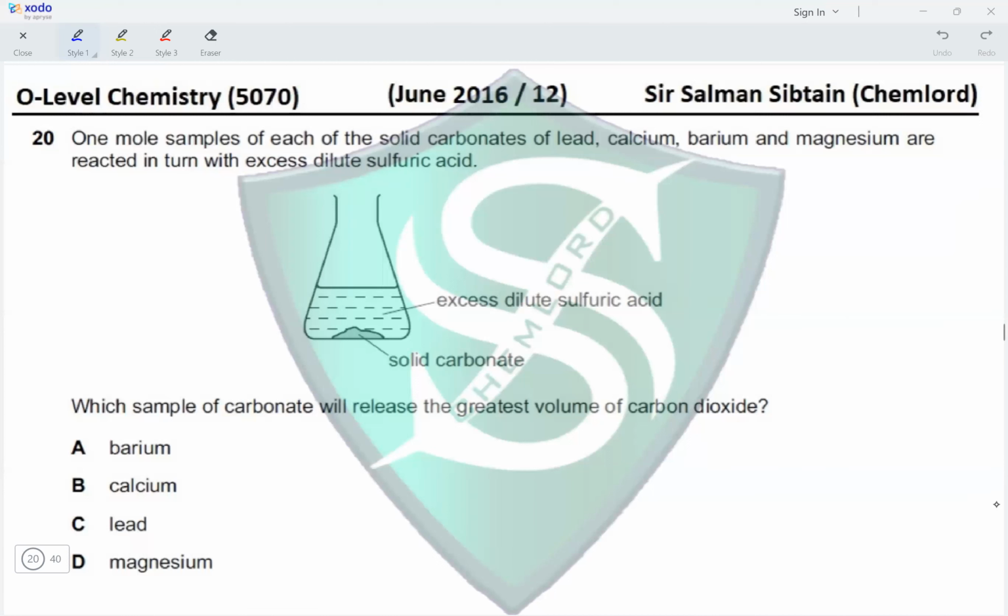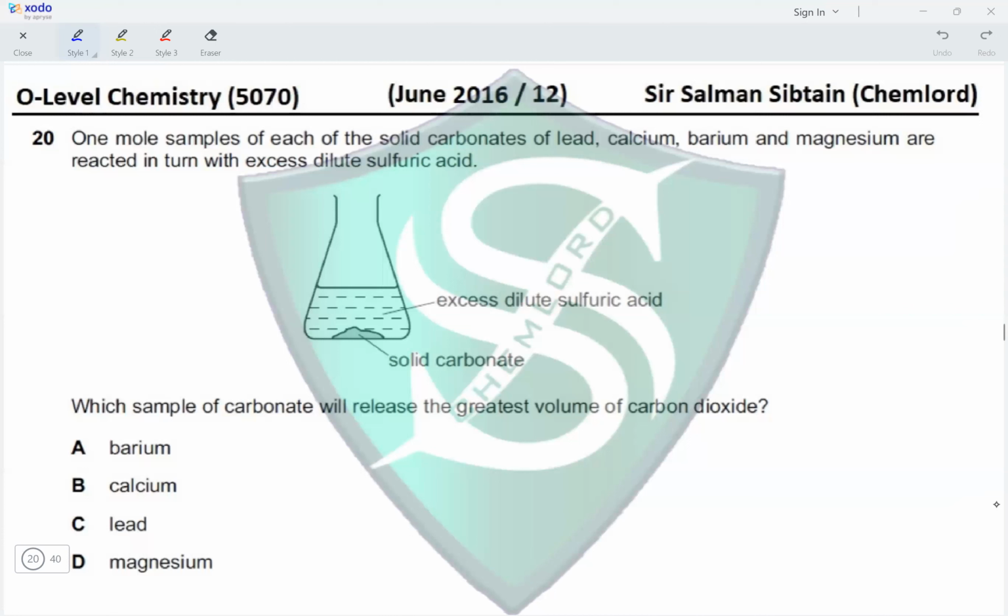That means when barium, calcium, and lead form sulfates, the sulfates will coat the remaining carbonate, and since they will not dissolve, the remaining carbonate will not be left exposed to the sulfuric acid. Therefore, only a small quantity of gas would be produced.